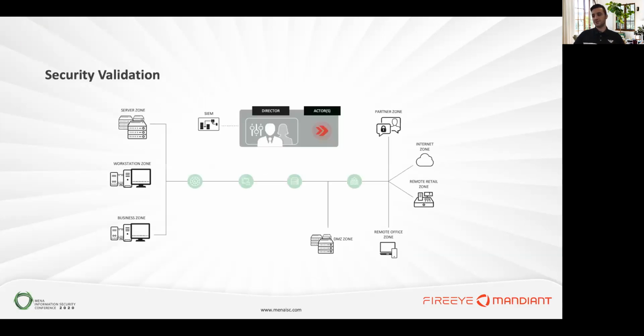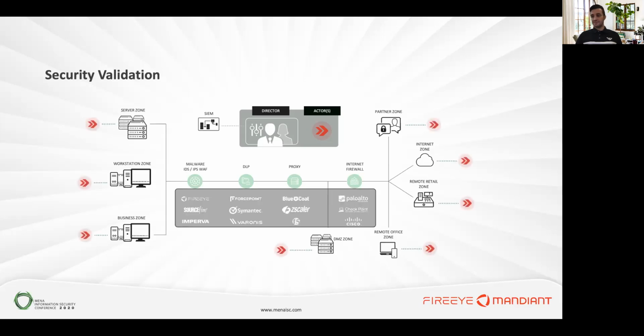So let's go a bit deeper in this solution. We can see here, this platform will deploy actors within your different security zones. Those actors will perform the role of the attacker or the target.